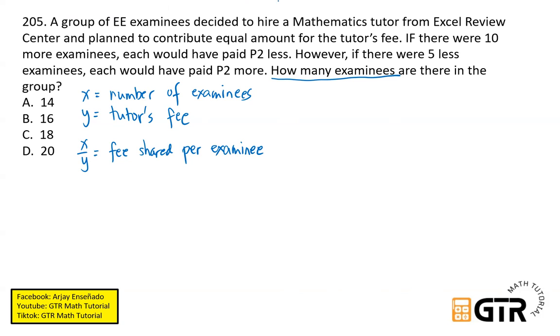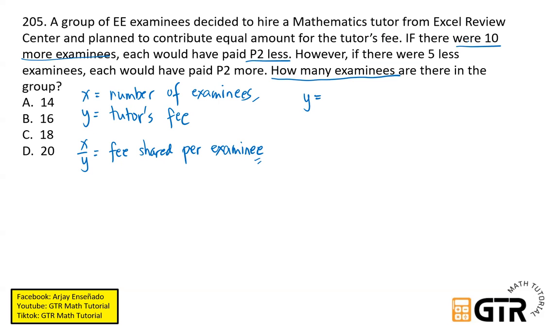Dito sa unang statement, ang sabi dito, if there were 10 more examinees, each would have paid 2 pesos less. So paano natin bubuuin yon? Ang tutor's fee natin, so Y is equal to, para makuha itong tutor's fee, syempre i-multiply natin itong number of examinees tsaka itong ambagan nila. So ito yung contribution nila, X over Y.